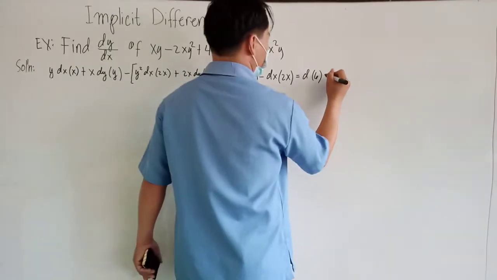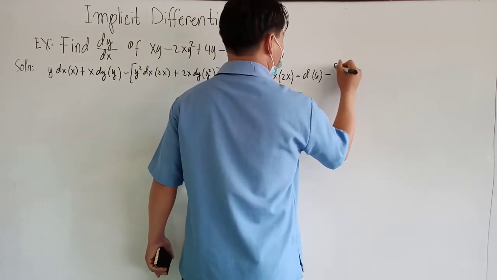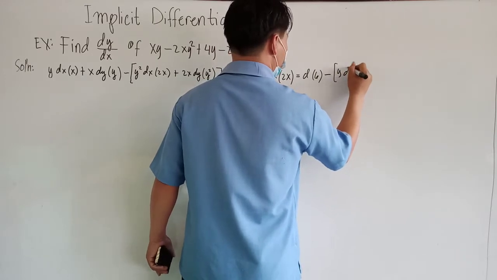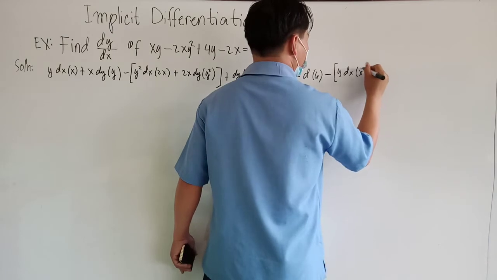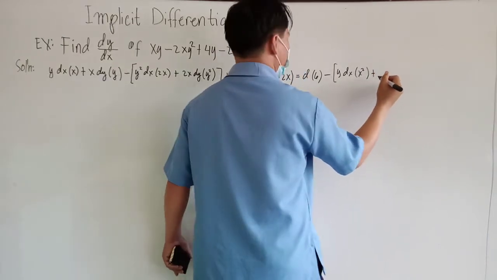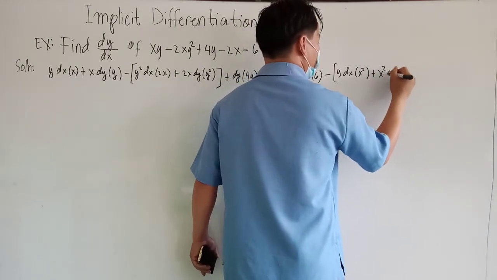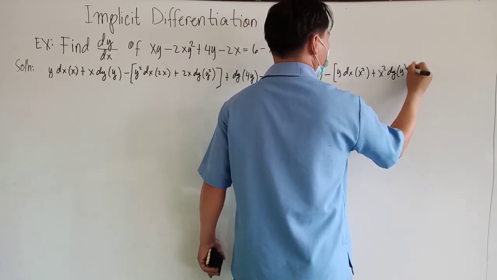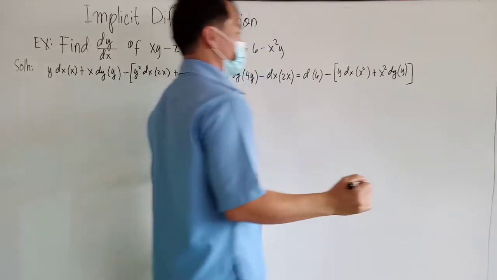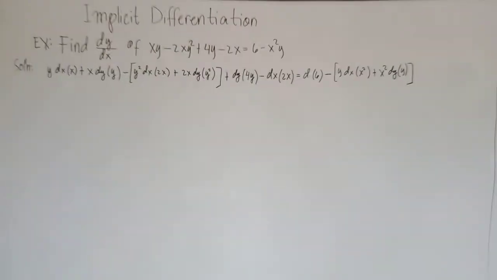Minus, under the product rule here, just copy y times dx of x squared, plus x squared times dy of y. Then after that we will have to simplify.